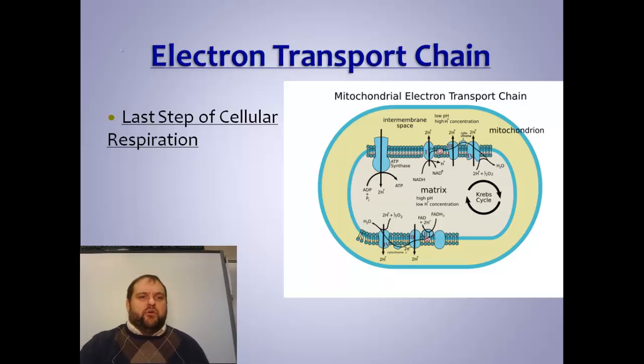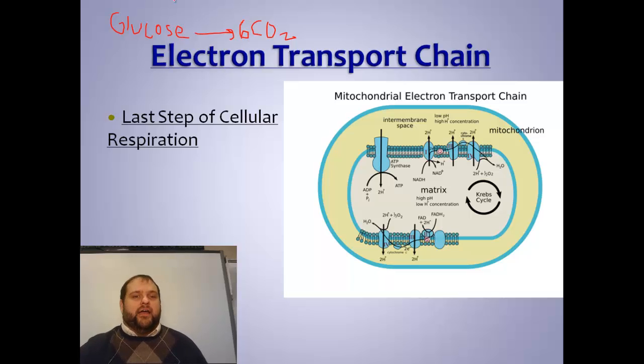So where we went so far is we took glucose, right? We took glucose and we broke it all the way down to CO2. So we took one glucose molecule and we broke it into 6 molecules of carbon dioxide.